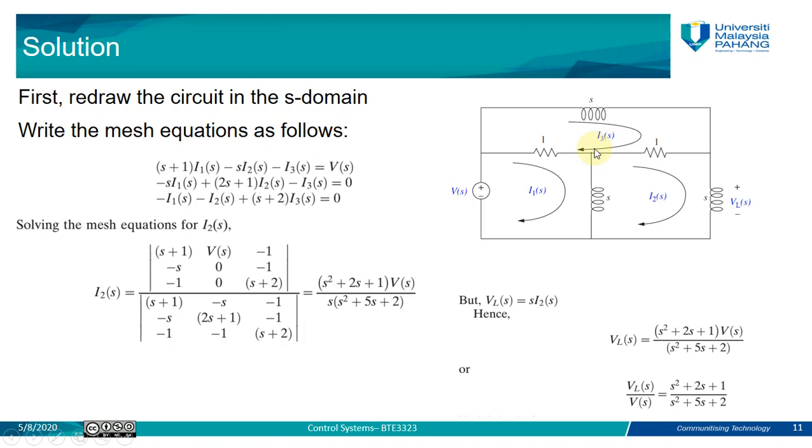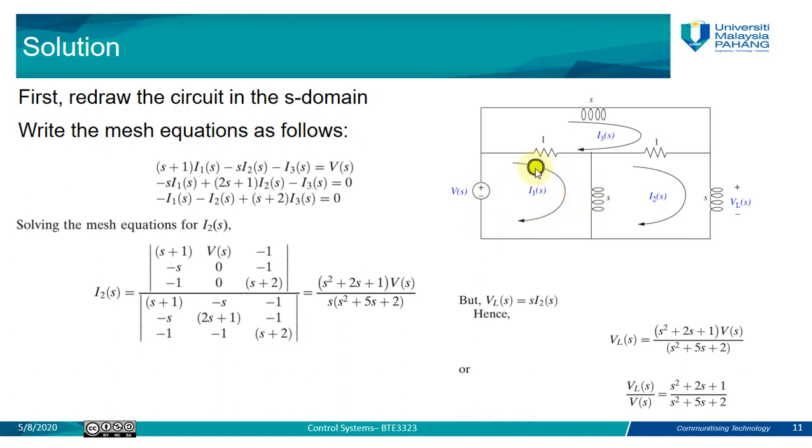After we finish this step, we can easily write three equations in the S domain. Each equation represents the summation for the loop that we are going to consider. For example, if I want to write the equation for loop number 1, or mesh number 1 here, the coefficient of I1 will be the summation of all impedances in this loop.